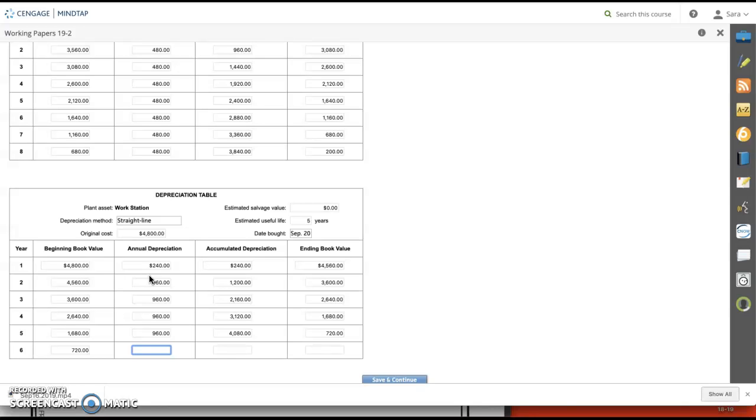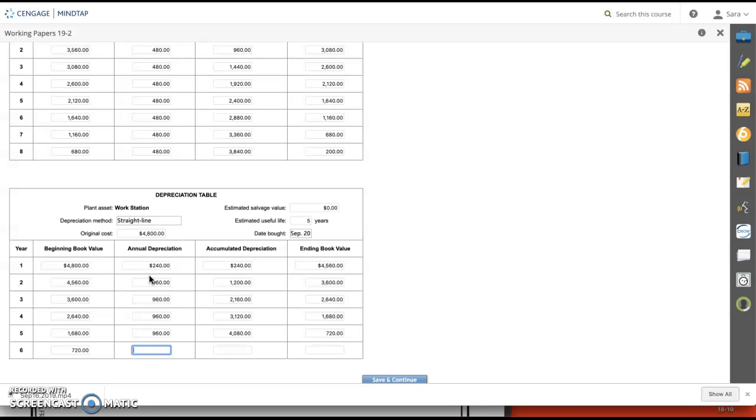And then remember that we bought this in September, so our last year here won't be a full year either. So we could do it kind of the same way, do our 960 divided by the 12, so we know how much per month, which is 80, and we had it for 3 months prior.